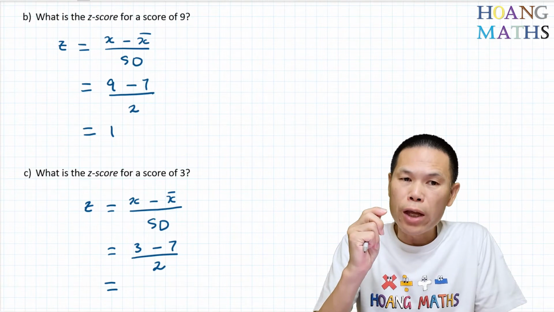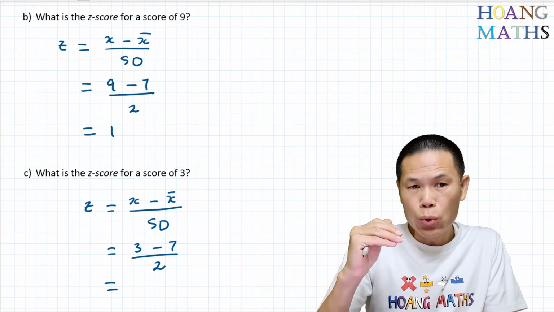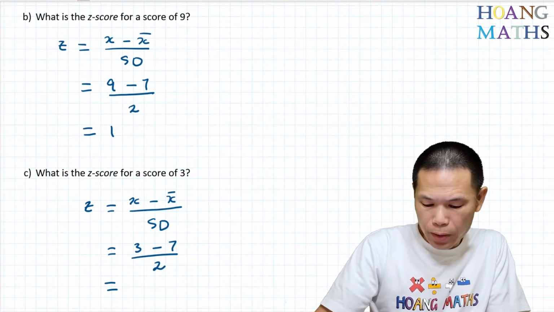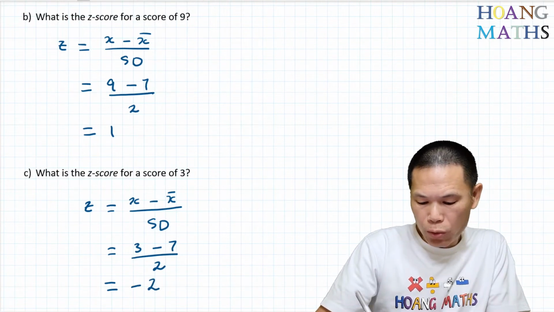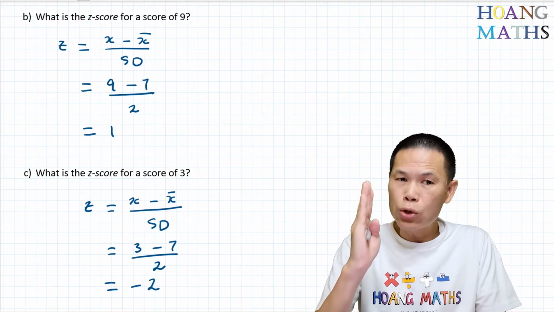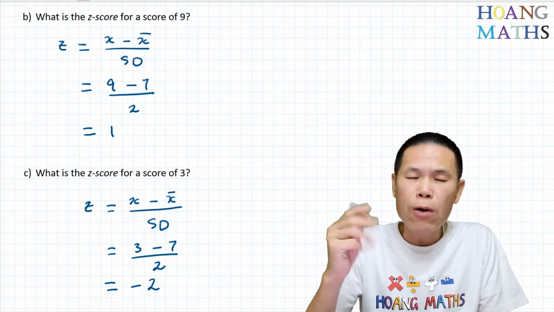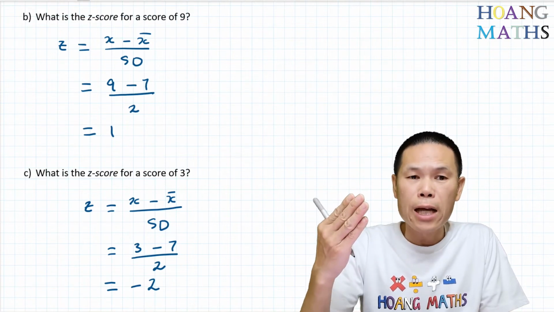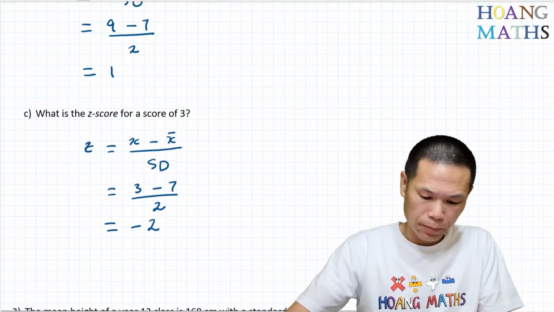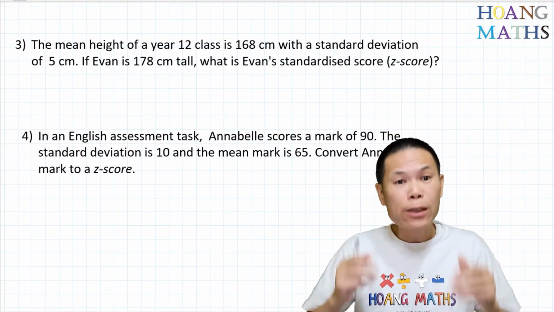So now we know that 3 minus 7 is negative 4, and then we divide by 2, which is negative 2. So this means that the score of 3 is 2 standard deviations below the mean. This is how you work out the Z-score, or the standardized score if you like. Please pause the video and try this one yourself.